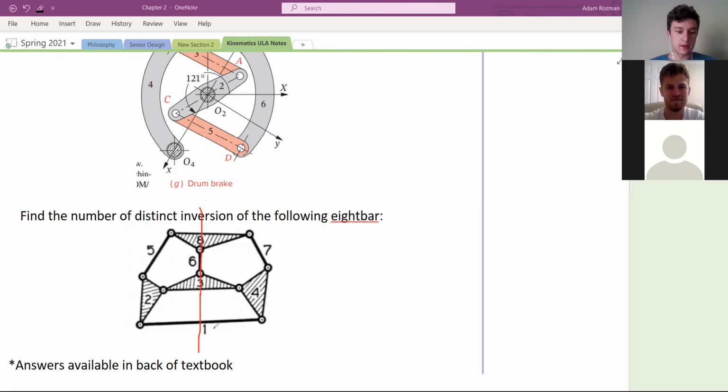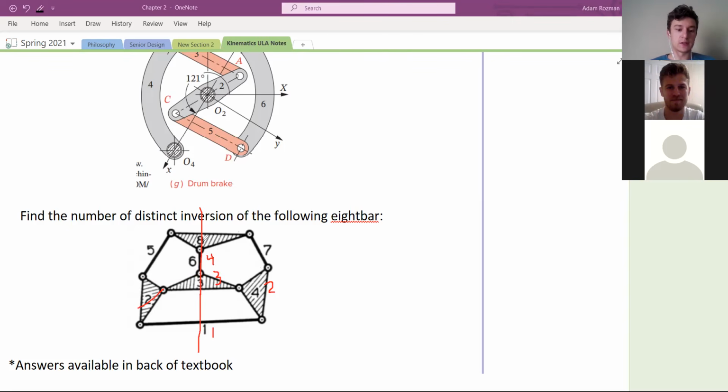So I'll just go through. I'll count link 1 as 1. I'll count link 4 as 2. And if we look over to link 2, fixing link 2 would be the same thing as fixing link 4. It would just be basically mirrored. So 2 doesn't count as a separate distinct inversion. 3 will count as another one. 6 will count as another one.